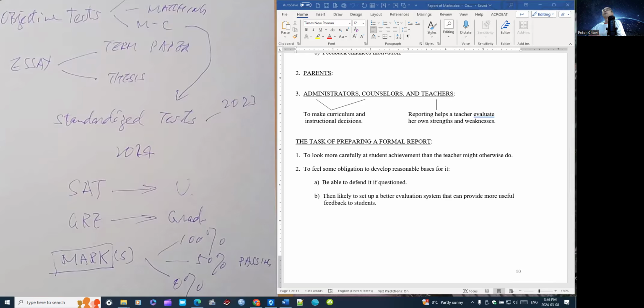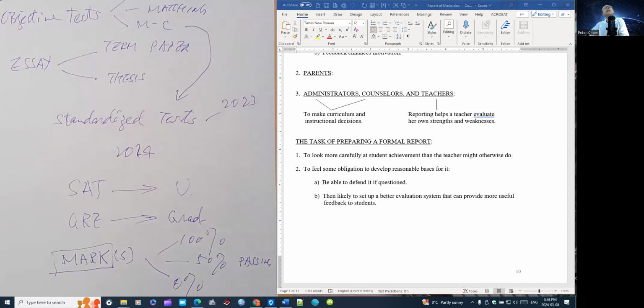For example, the proportion of college prep courses they should offer, how many of those courses they should offer. Another example is which new curriculum innovations should be sought or continued.